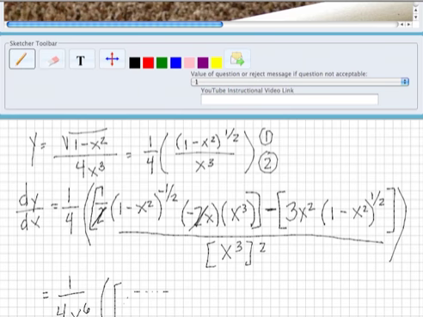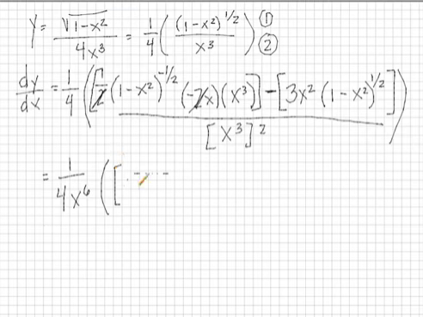So because it's a negative exponent, it goes in the denominator. So it looks like we have the square root of 1 minus x squared in the denominator because of that negative exponent. And we can certainly multiply negative x times x cubed, and we're left with negative x to the 4th.